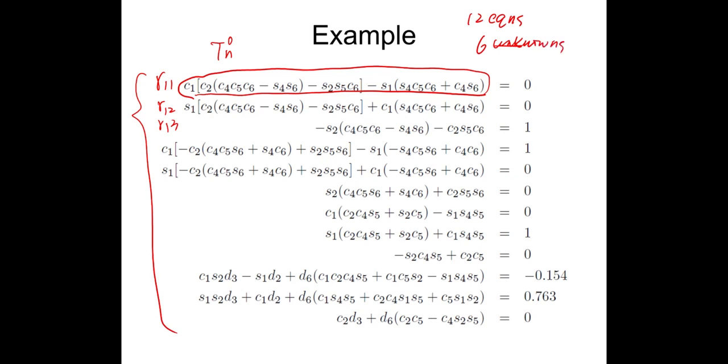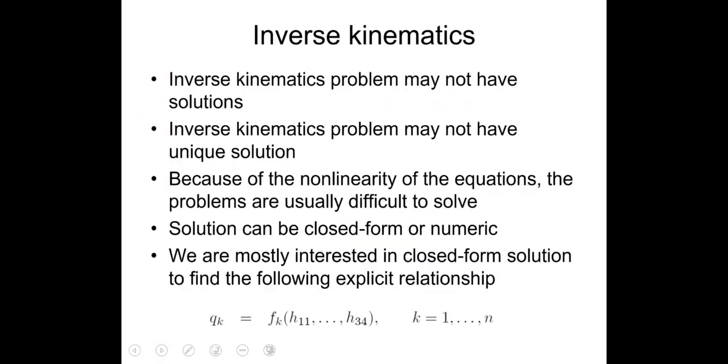But the thing is, all of these C1 is cosine and S is sine, so all of these are highly nonlinear. So in some cases we cannot really have the final solutions. From this example we can see that the idea of inverse kinematics is straightforward. We're just solving equations so that we can solve for the joint variables.